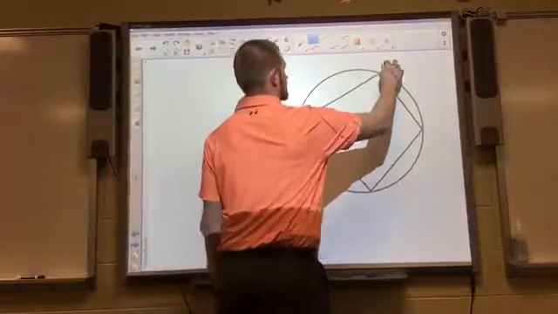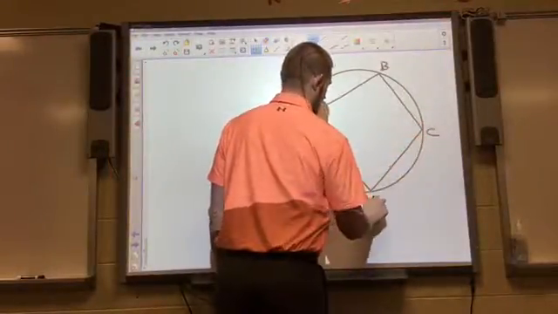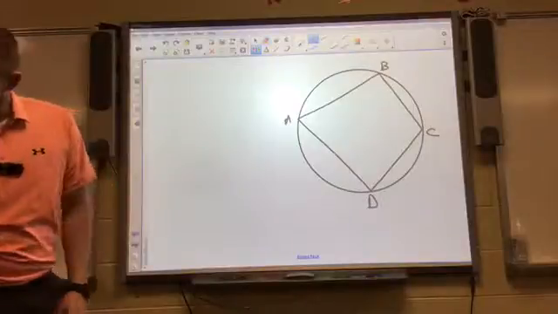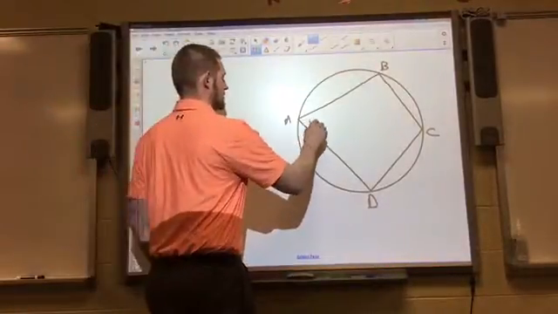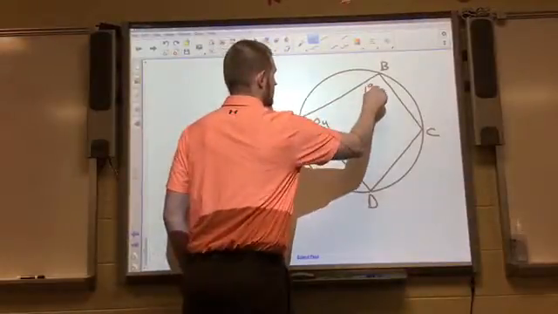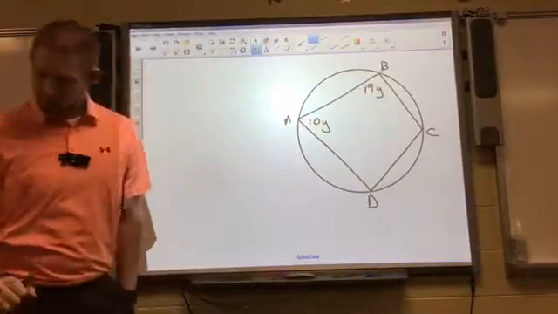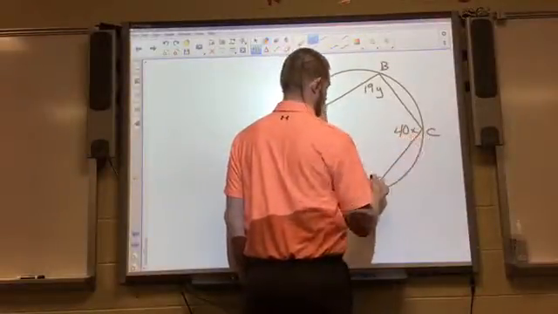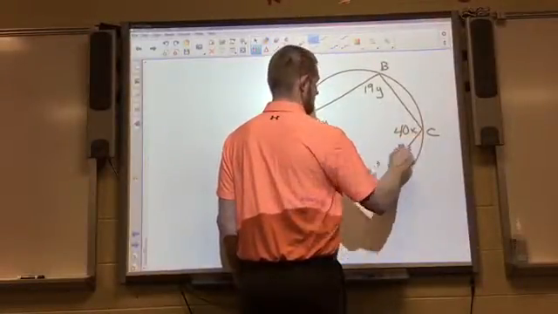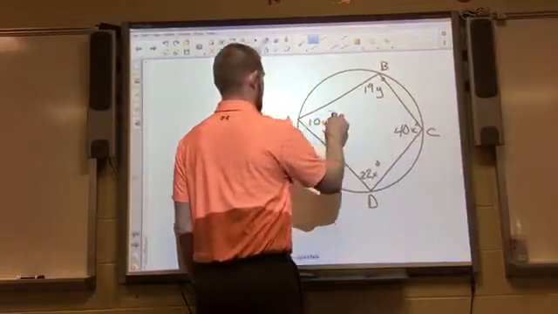It doesn't really matter what these are. So A, B, C, D. And I know that the angles are 10y, 19y, 40x, and 22x. Those are all degrees because they're angle measures.